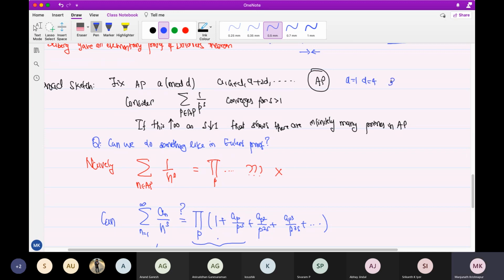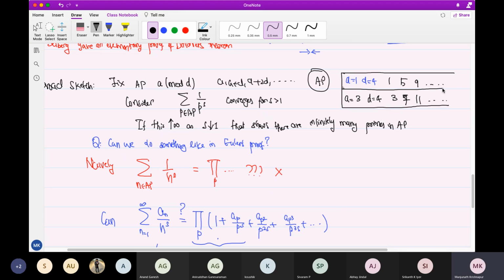You have the numbers 1, 5, 9, and so on, or you can take a equal to 3 and d equal to 4, which gives you 3, 7, 11, dot dot dot. So let's say you take one of these APs and keep this as a running example.